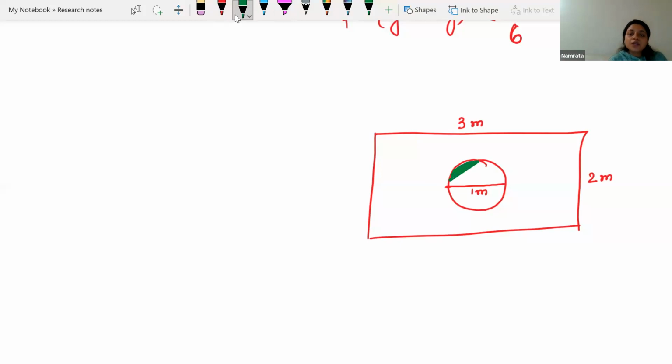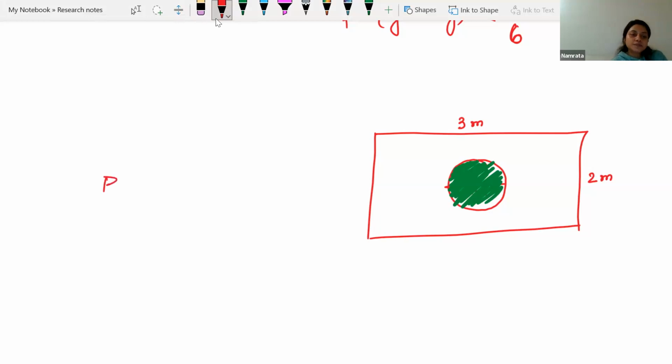Then what is the favorable outcome? This circular area. And what is the total outcome? The total outcome is this total rectangle's area. So if we want to place the die inside the circle, the favorable outcome is the circle's area, and the total number of outcomes will be the total area.